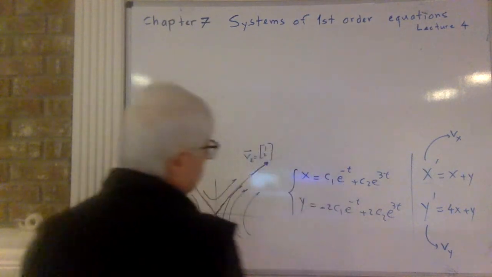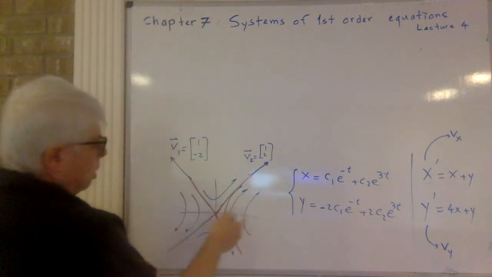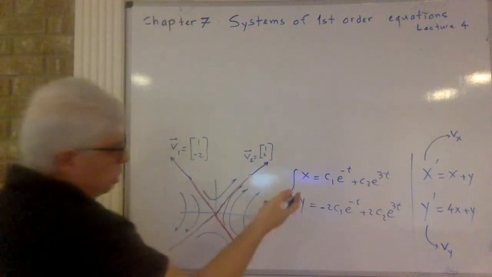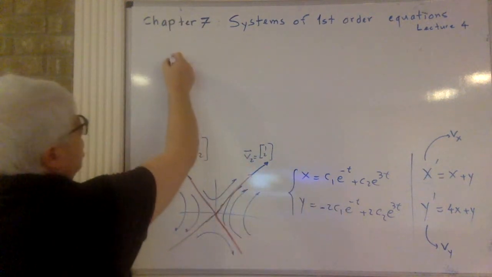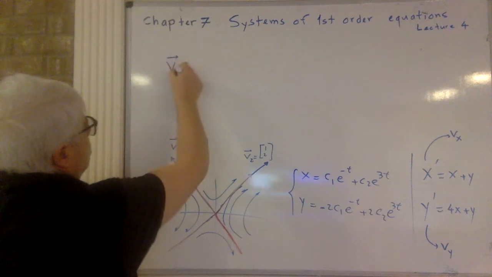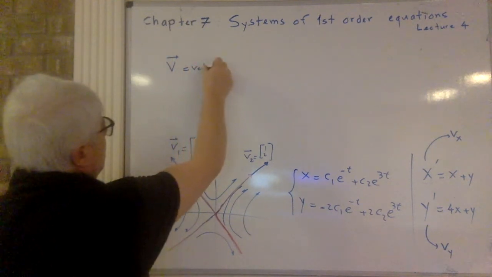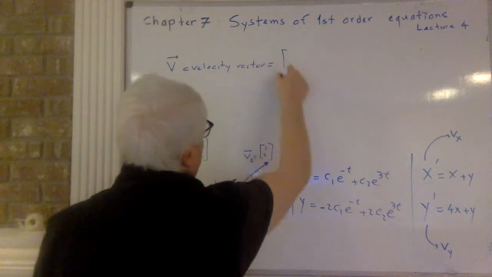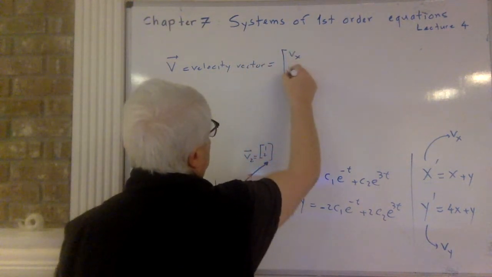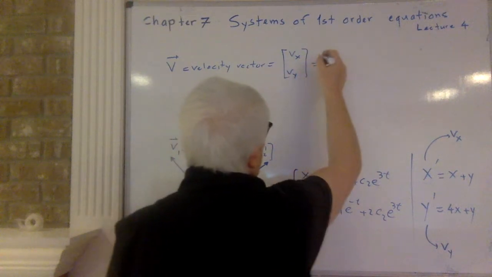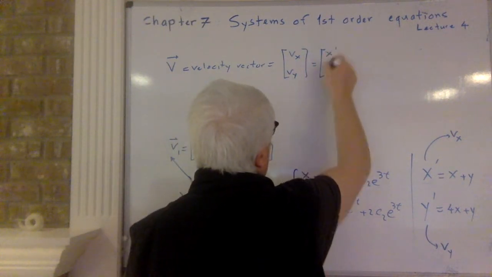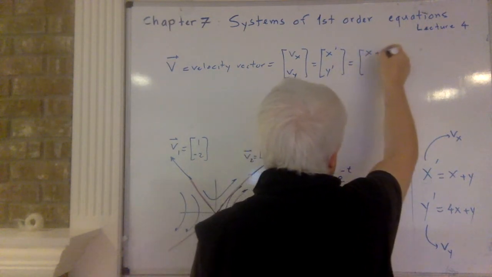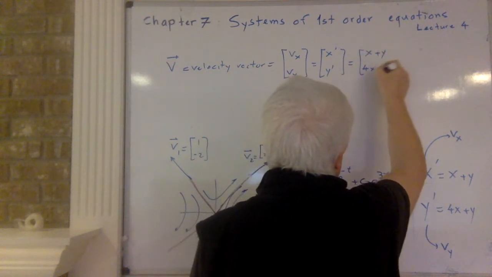The velocity vector for this particle, for some c1, c2, and it doesn't depend on c1, c2, is the velocity in direction x and the velocity in direction y, which is in fact x prime and y prime, and it is given by x plus y and 4x plus y.